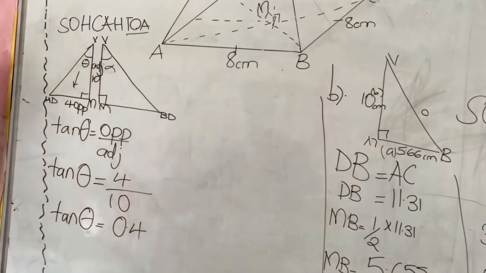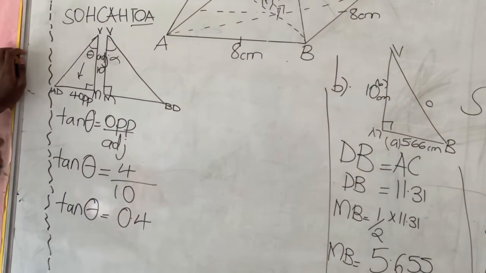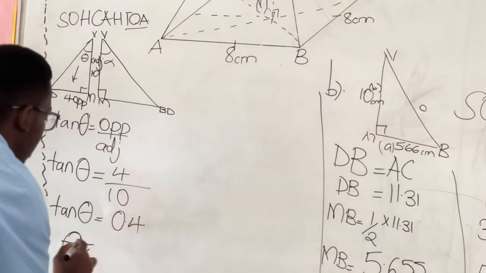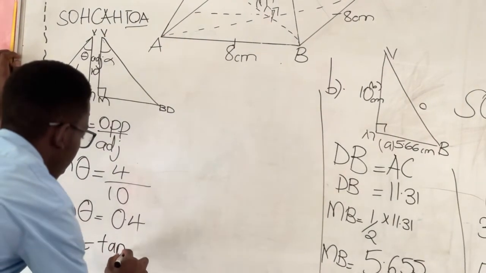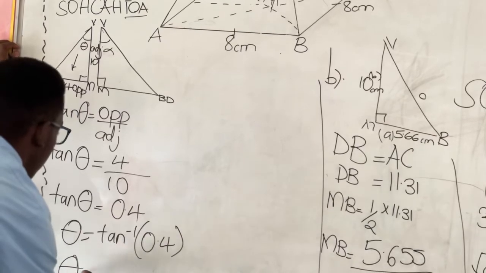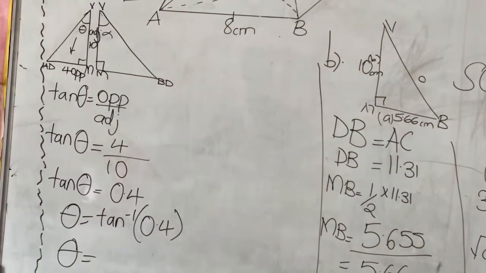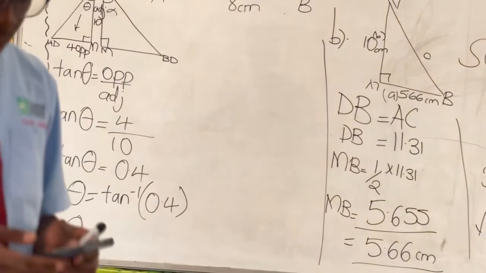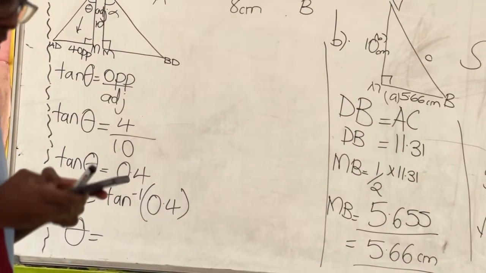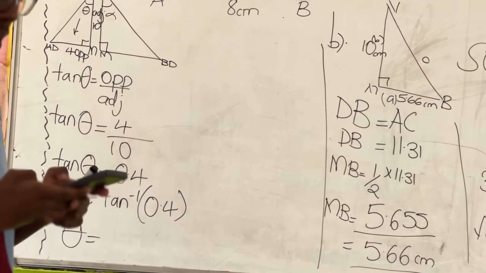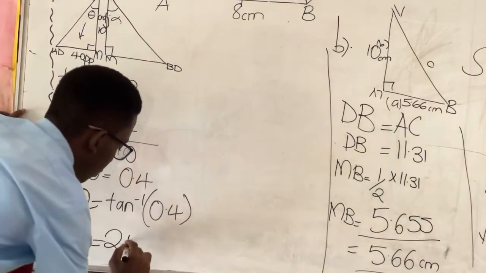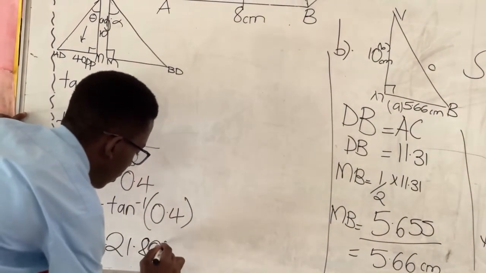Hope you don't need a calc for that if you're in a mathematics class and you want to pass. So to find theta, it's going to be inverse tan 0.4. Our theta is going to equal, you press the calc, shift tan 0.4. And our answer is 21.80 degrees.